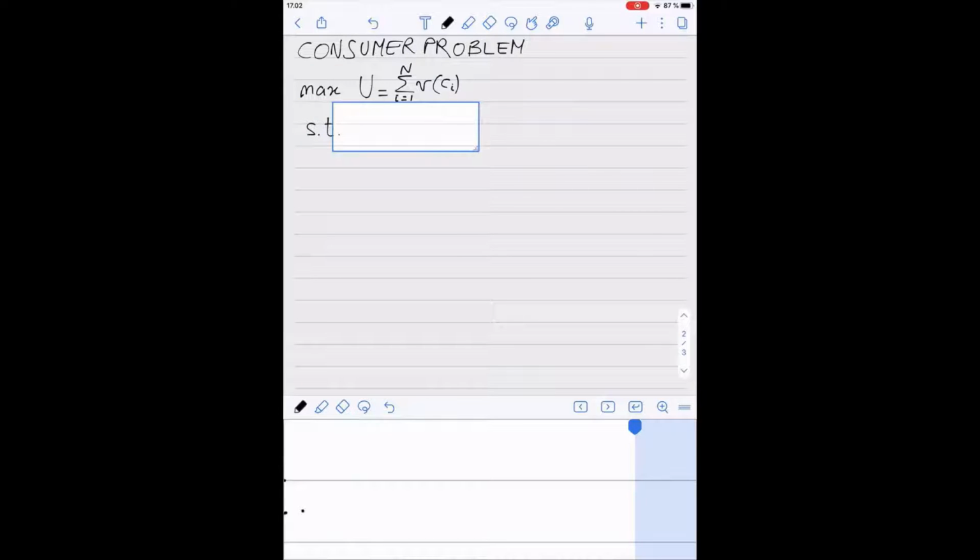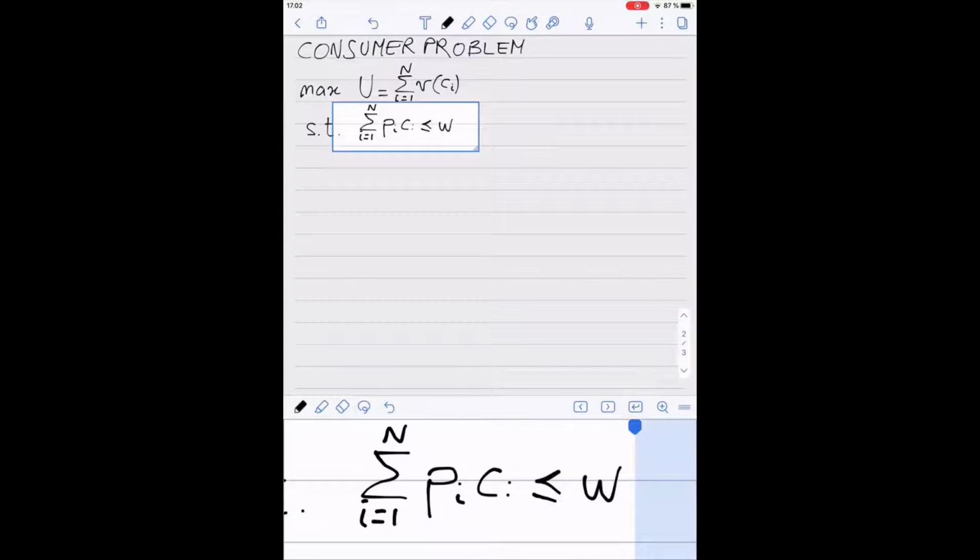The budget constraint equals the summation over all the product varieties i from 1 to N of p_i times c_i, so the price times the quantity consumed for the good, is going to be less than or equal to the income, which is w.